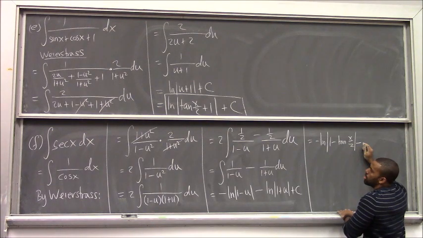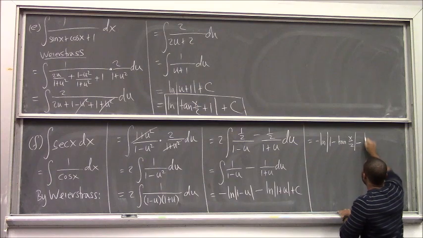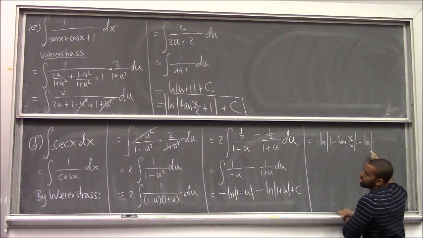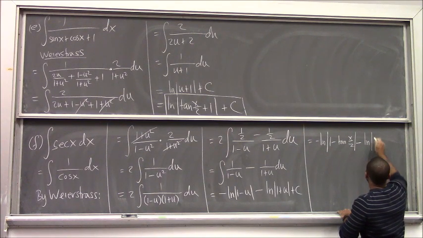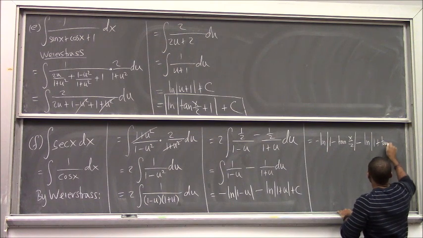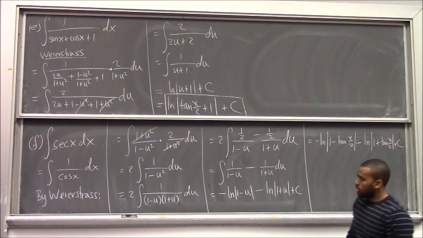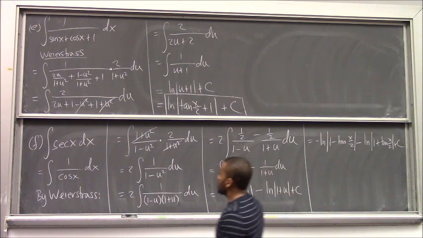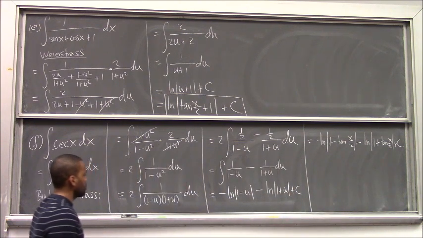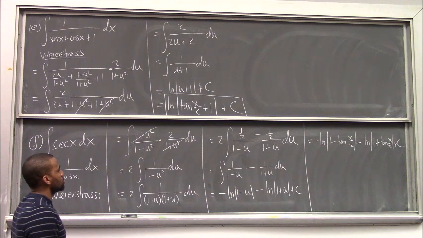No, but we shouldn't do this. Minus ln. But it won't make it equal to the formula. I mean, it could, but it doesn't need to. Couldn't you just combine the stuff before?